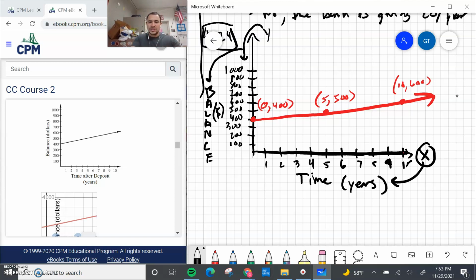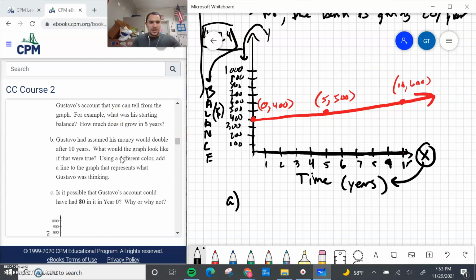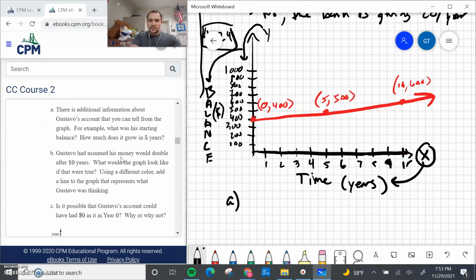So what we're going to do is answer these questions. What is the starting balance? What do you think the starting balance was? $400, because this is 0 years.